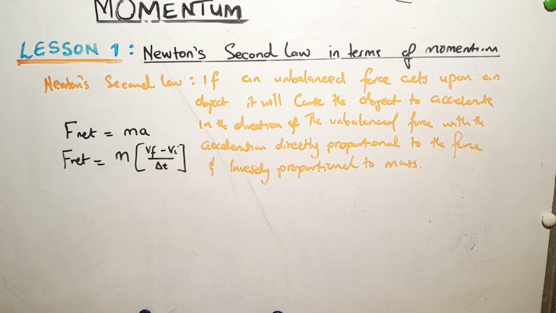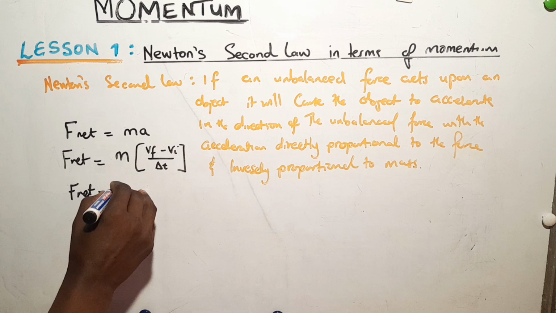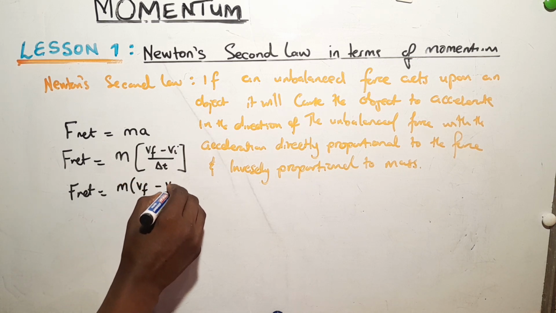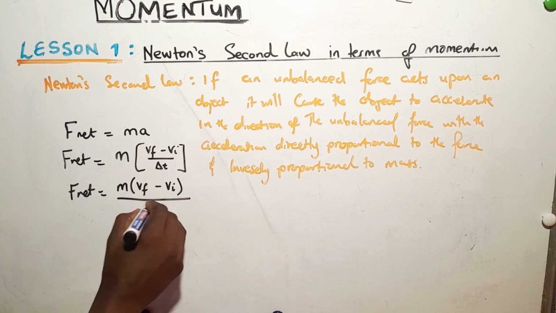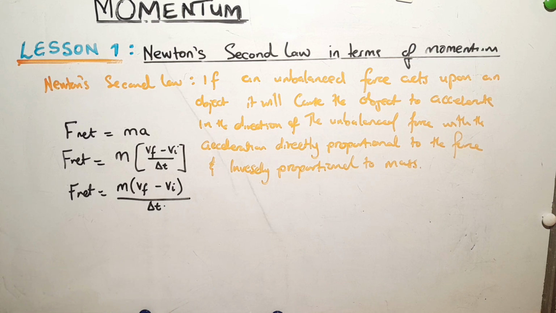Which means that our F net is equivalent to mass multiplying Vf minus V initial over change in time. Can you notice this from what we're doing?